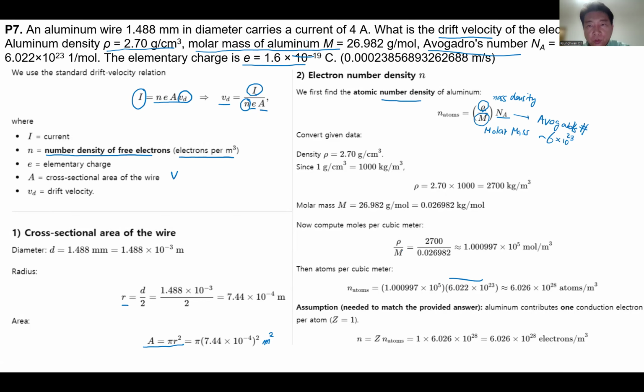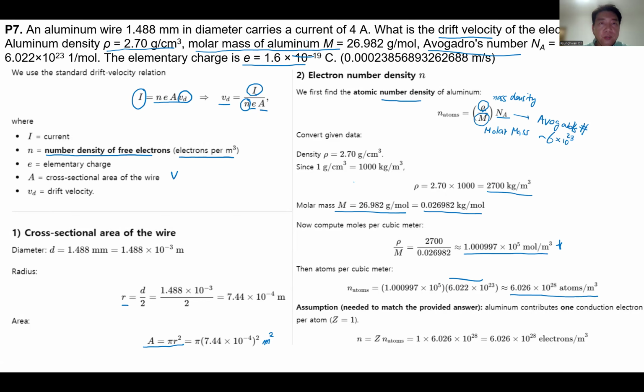Okay. So if you just plug in the density rho, this one, and the molar mass M, this one, then you get rho over M given by this one. And then if you plug in the Avogadro number on top of it, you get these atoms per cubic meter.